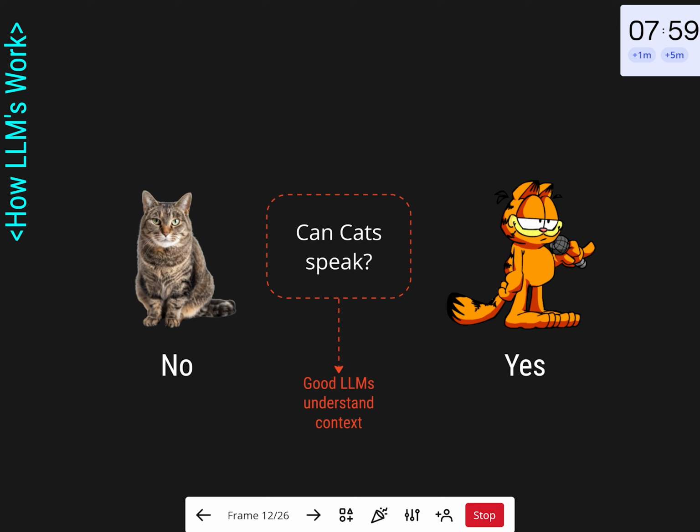In the context of a cartoon cat, yes, cats can speak, but the AI doesn't really know if cats can speak or not. It's just that when you're speaking about a cartoon cat, it generates a pattern, and it assumes that because it generates that pattern, you're talking about cartoon cats, and in that case, cartoon cats can speak.